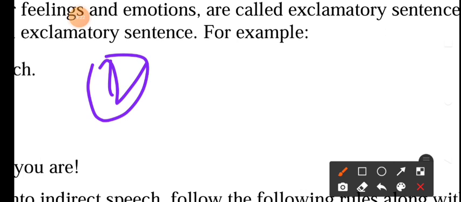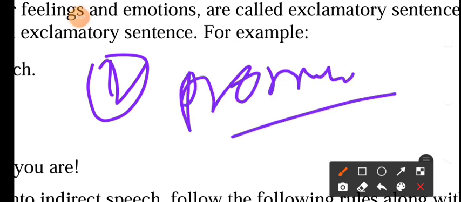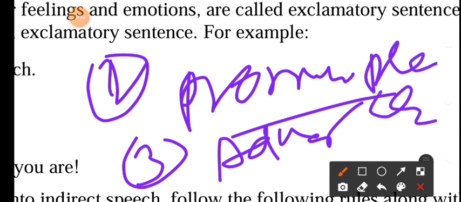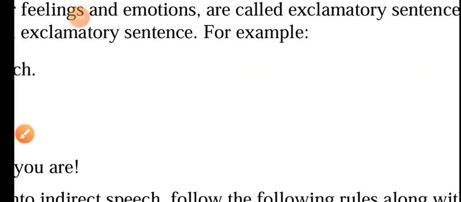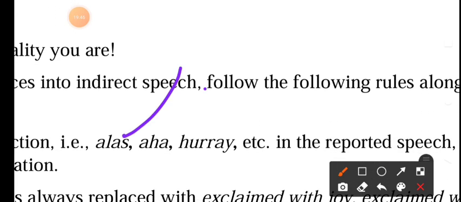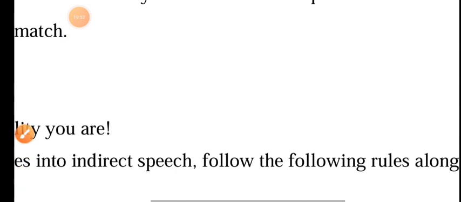We should remember what other changes take place. Second, the pronoun is changed according to the reporting verb. And the third one is the adverb. What kind of adverb? Adverb of place and adverb of time. Only those adverbs change. But other parts of speech, noun, adjective, preposition, cannot be changed in reported speech, my dear students.